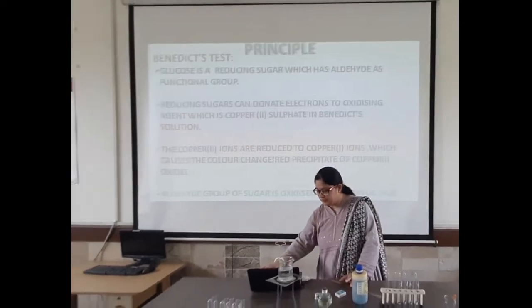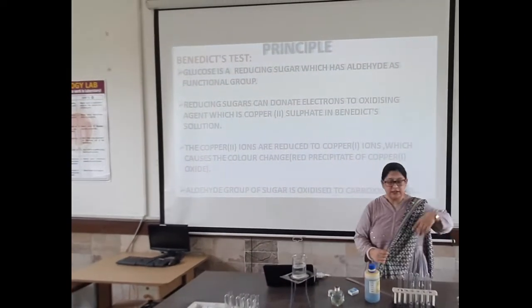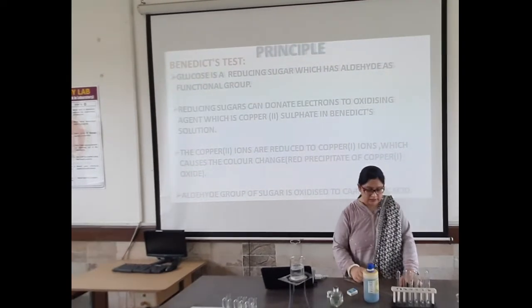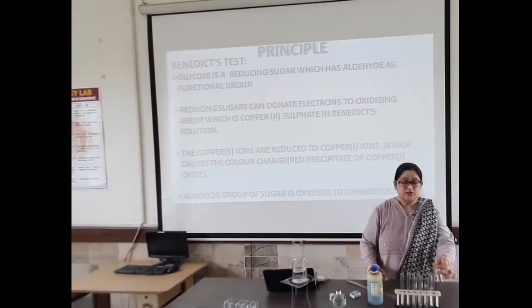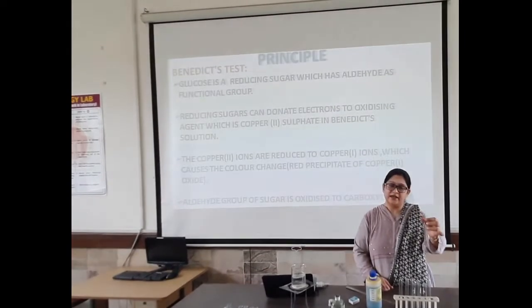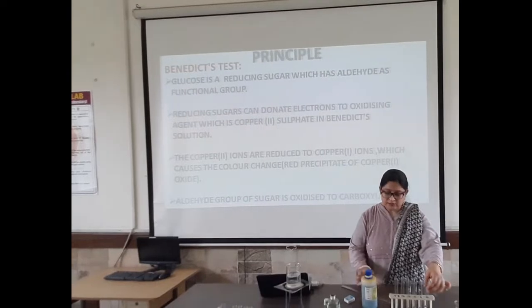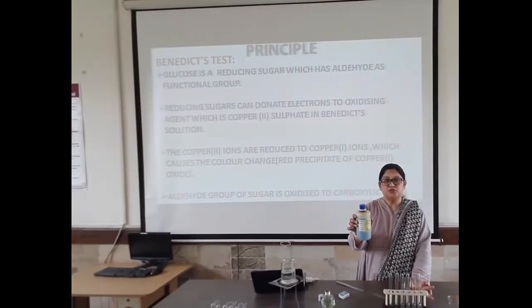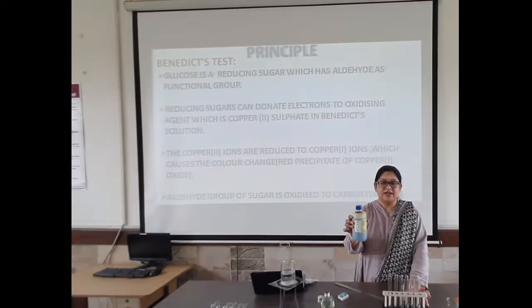Now if we talk about the principle of the experiment, glucose is a reducing sugar because it has an aldehyde as a functional group, and this Benedict solution has a copper salt, specifically copper 2 sulfate, which is an oxidizing agent.